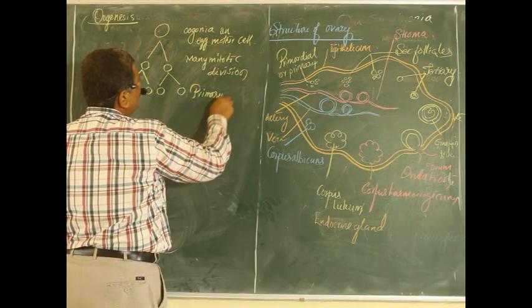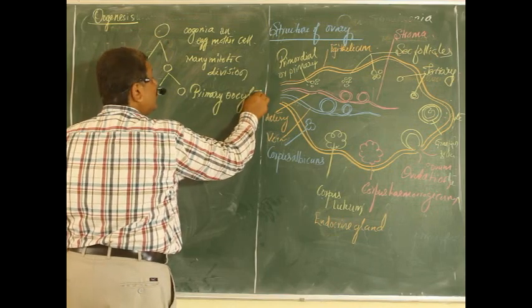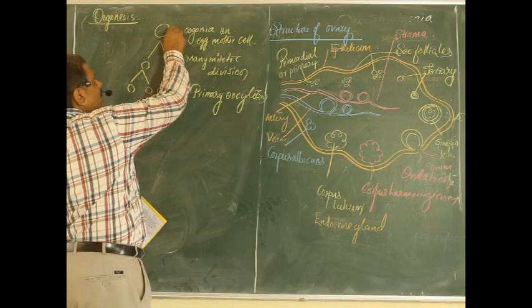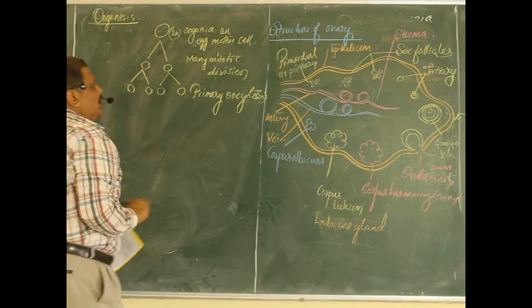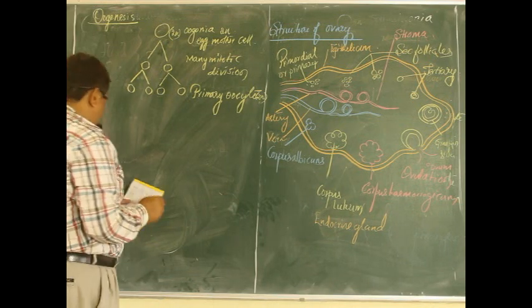Primary oocyte, which, once again, you should remember, is diploid. Diploid means with 2 sets of chromosomes.